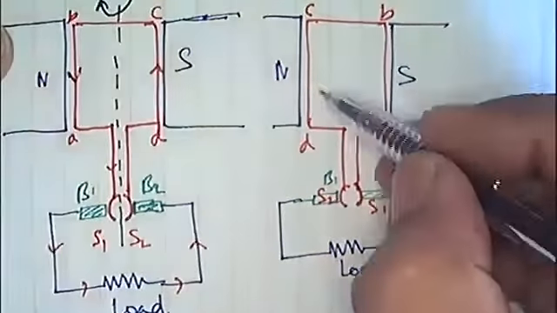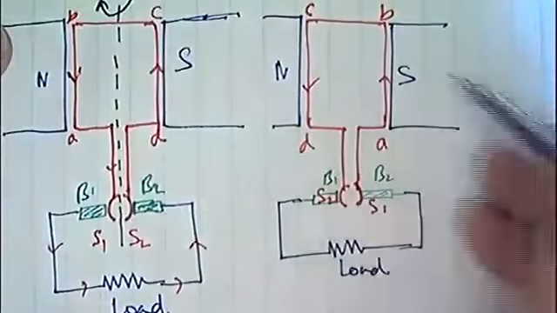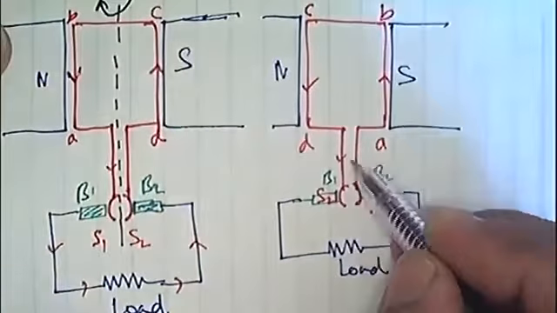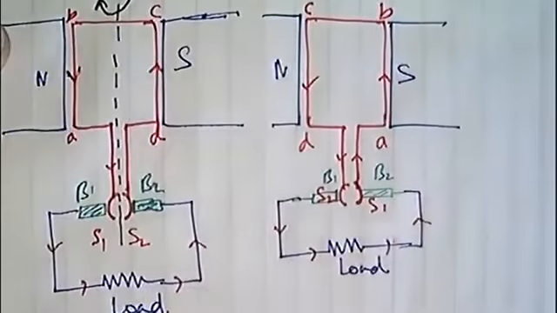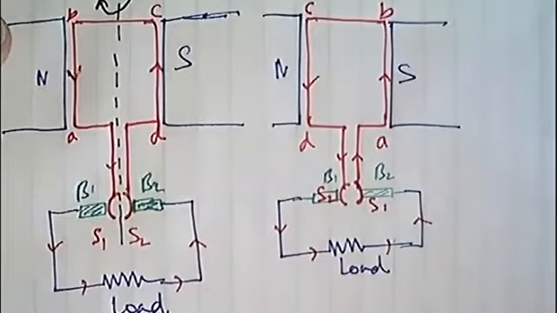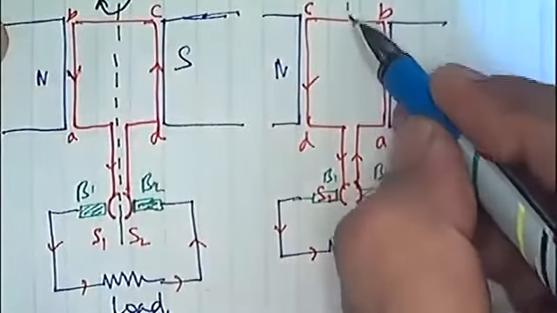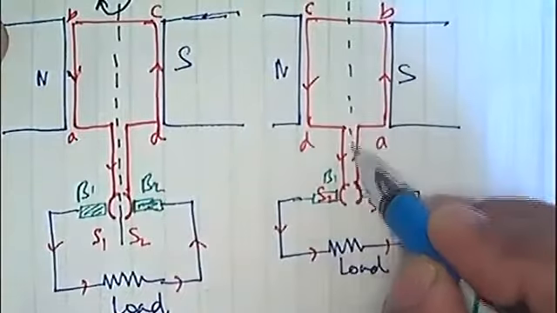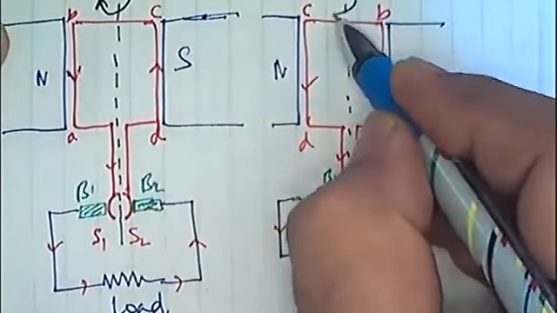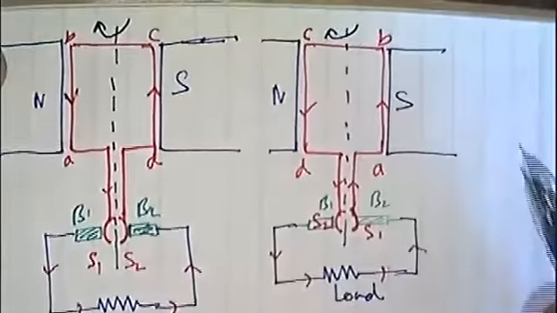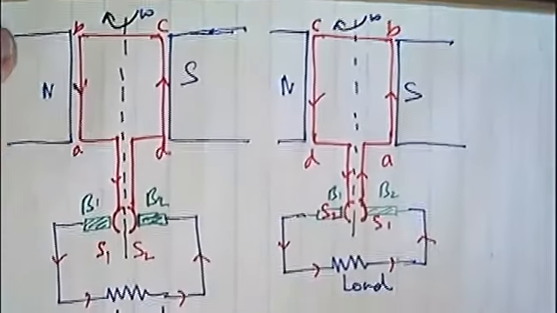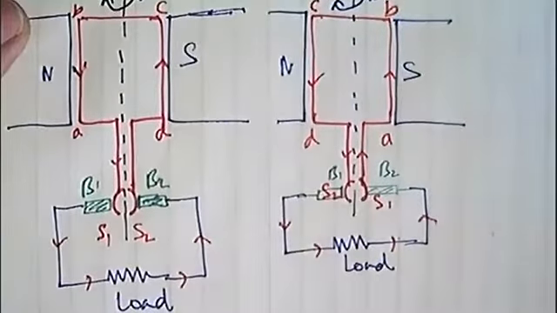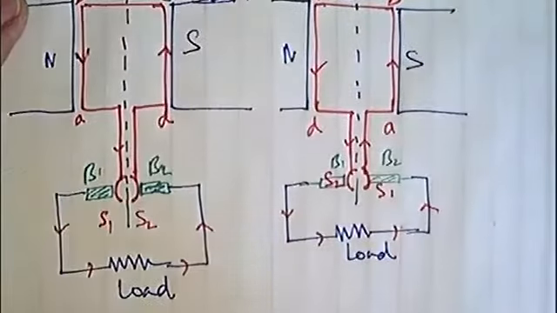Right? Now what is the direction of induced current? The same. This is the axis of rotation and the coil is rotating with constant angular speed omega. Omega भी यहाँ लिख दीजिए. So what is now the direction of current through load?